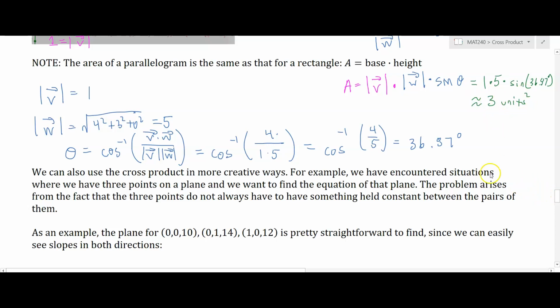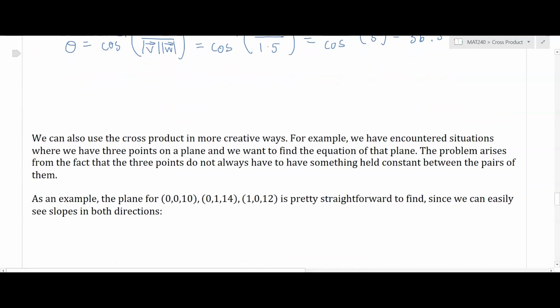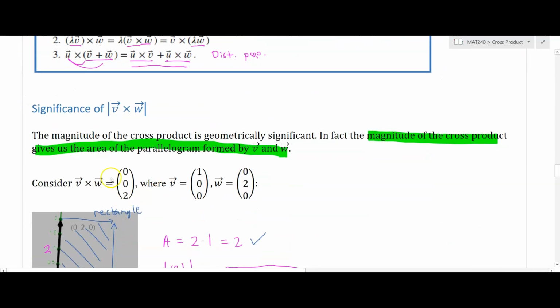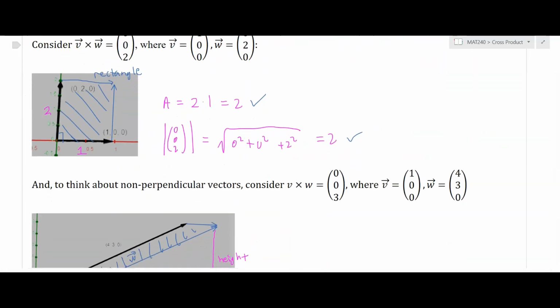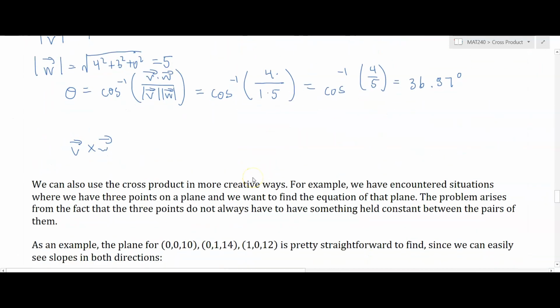Now, we're claiming that that's equal to the magnitude of the cross product. So the cross product is v cross w, which was given to us in this problem. V cross w is going to be the vector 0, 0, 3.